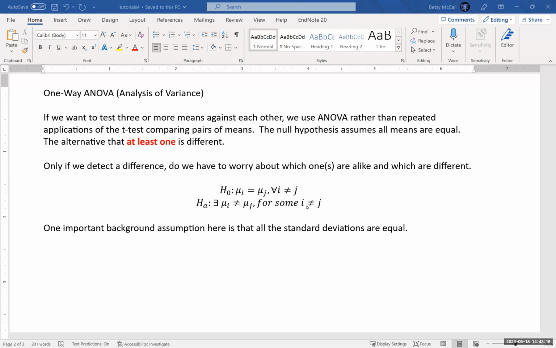Now, we're making an assumption here that the standard deviations are equal. What we can do for an introductory statistics course is look at the box plots as an example to see if they're different.